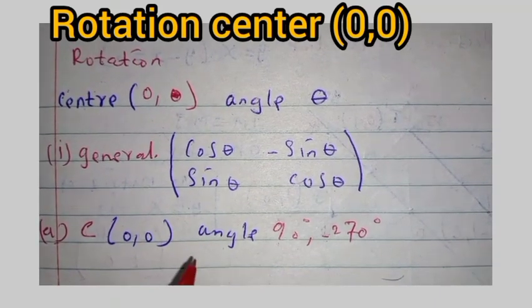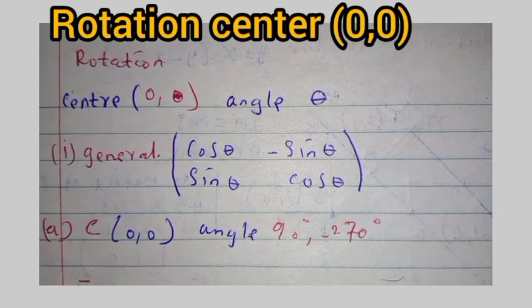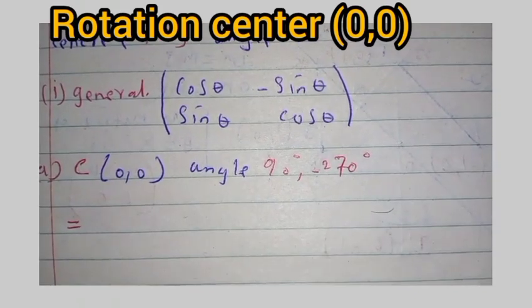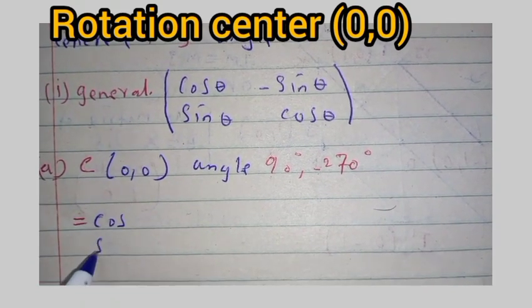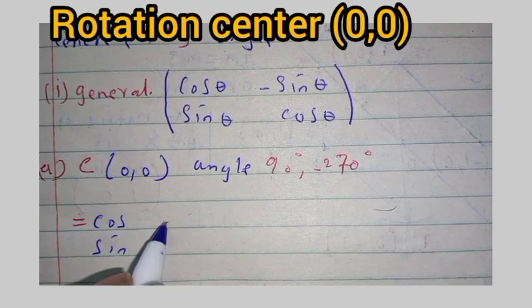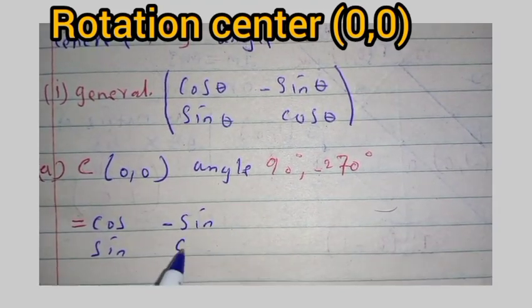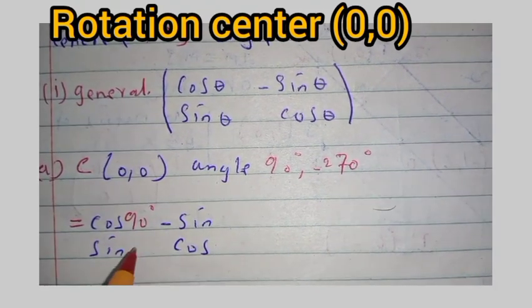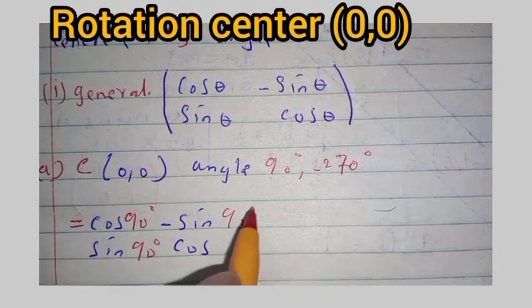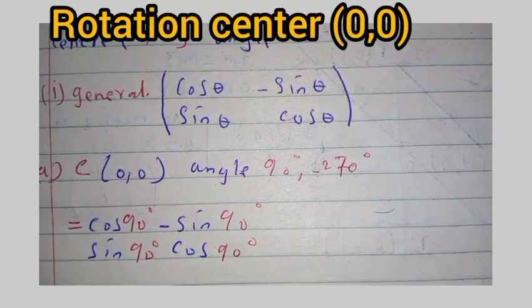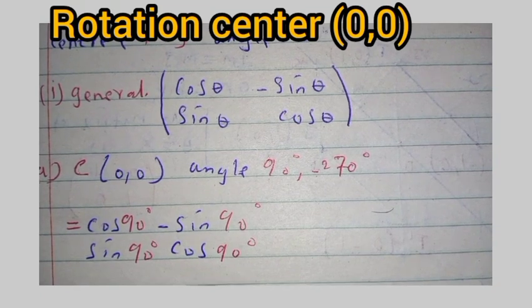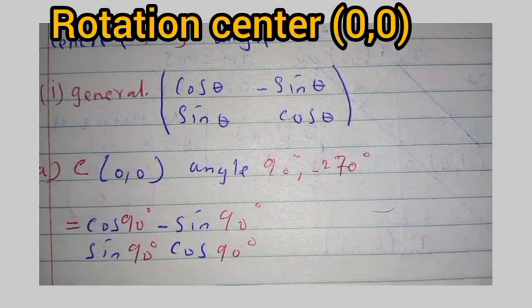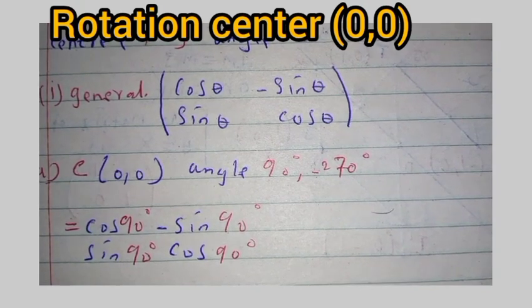From this general case, we are going to write our values as: you have cos, sine, and you have negative sine, cos. Now our angle here is 90 degrees. You can obtain these from a calculator to find that the cos of 90 is 0, and the sine of 90 is 1.